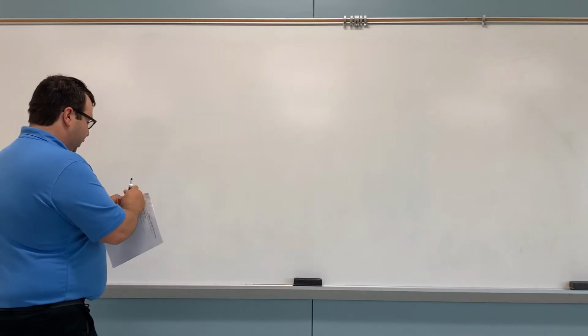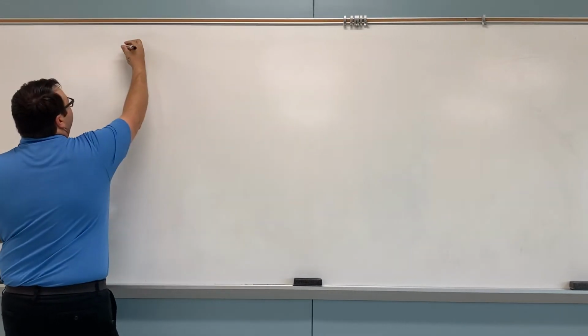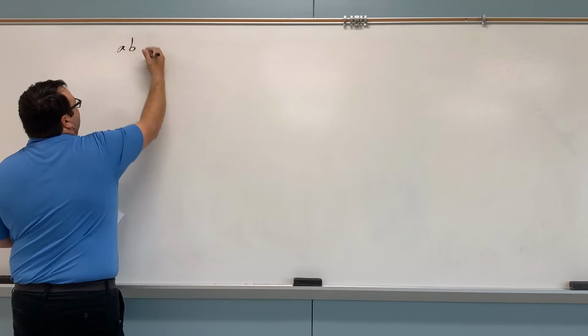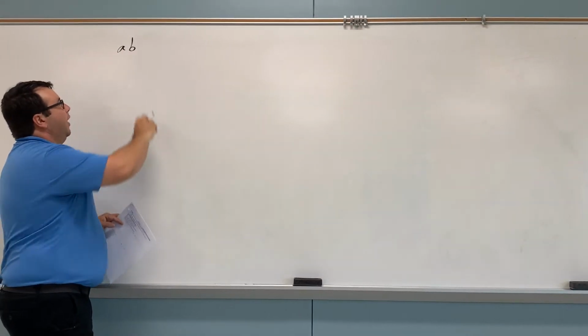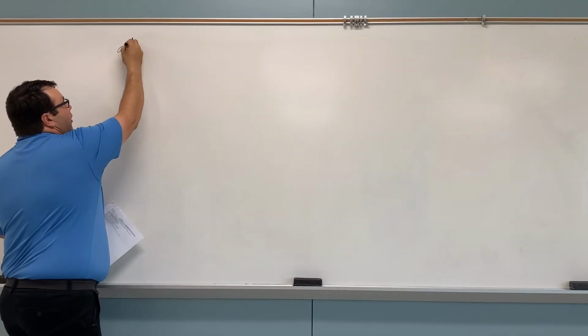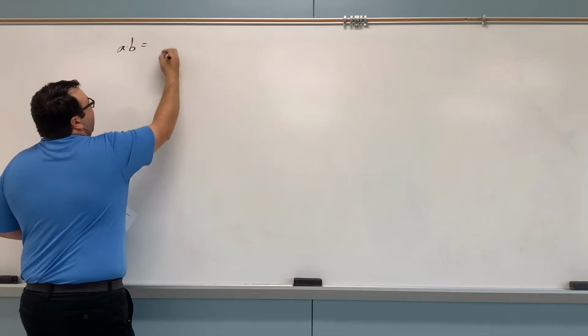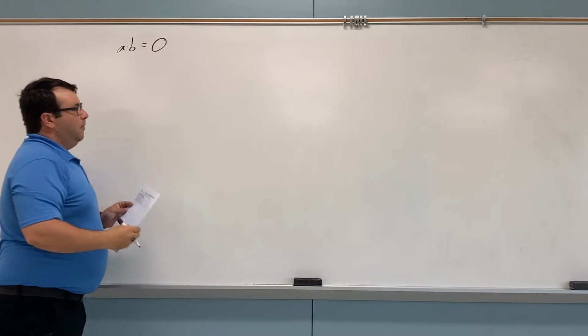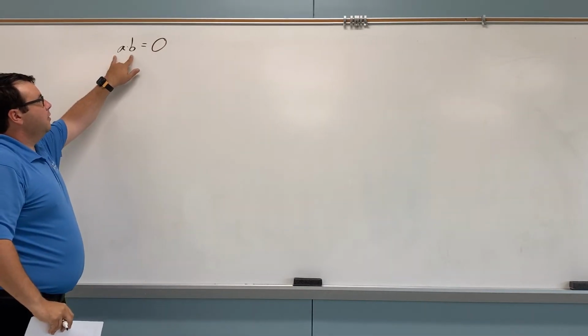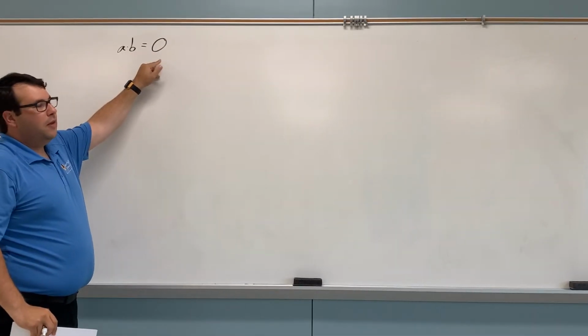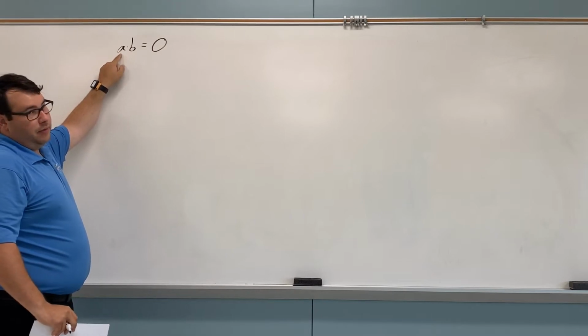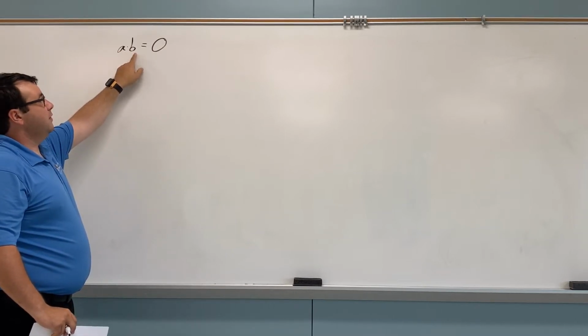Okay, so the zero product property quite literally says that if I have two products, so I have A, I have B, they are being multiplied, so AB is multiplication, and this is equal to 0. So if AB equals 0, then either A is 0 or B is 0.